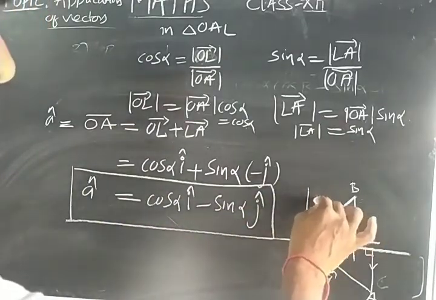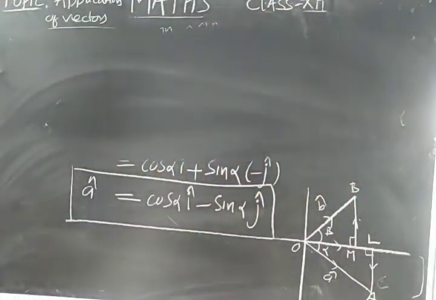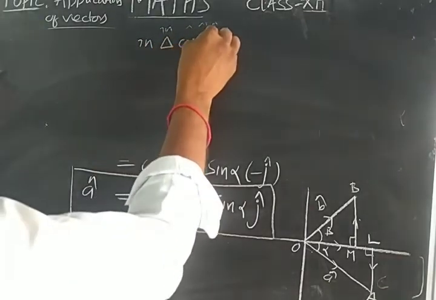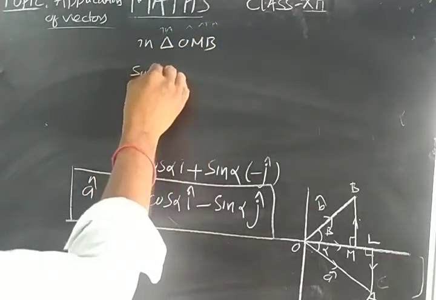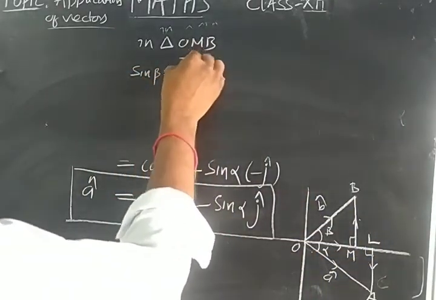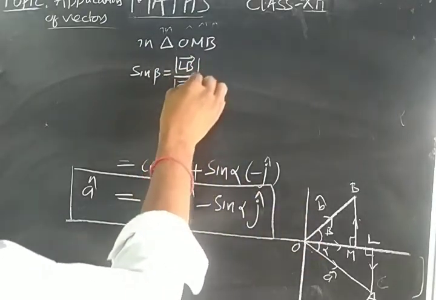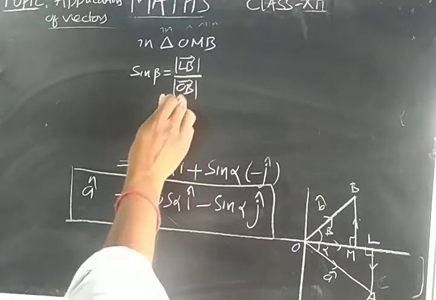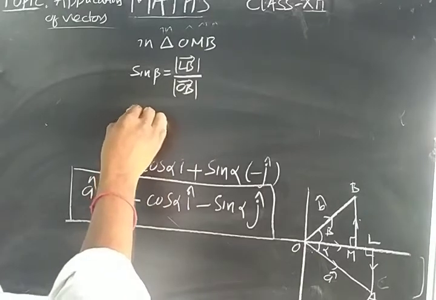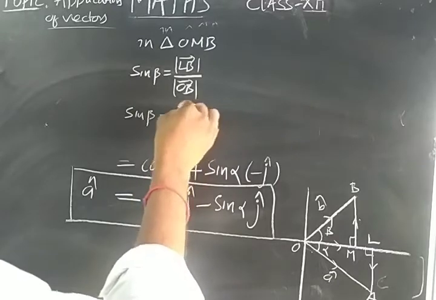Similarly, I am going to find the B cap vector also. From this triangle OMB, sin beta is equal to the opposite, LB vector length, by hypotenuse, OB vector length. This is a unit vector, so length is 1, so sin beta is equal to LB vector length.